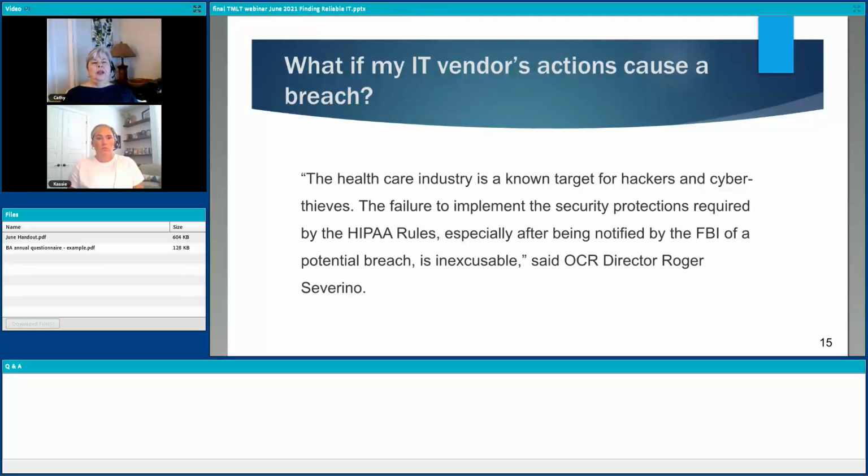We see many different kinds of examples of problems that arise for providers, for practices, when an IT provider's action or failure to act responsibly in the best interest of your practice has occurred. Unfortunately, there's no such thing as IT malpractice. I've had many practices want to sue their IT vendor for malpractice, but that's really not anything that is defined in the law.